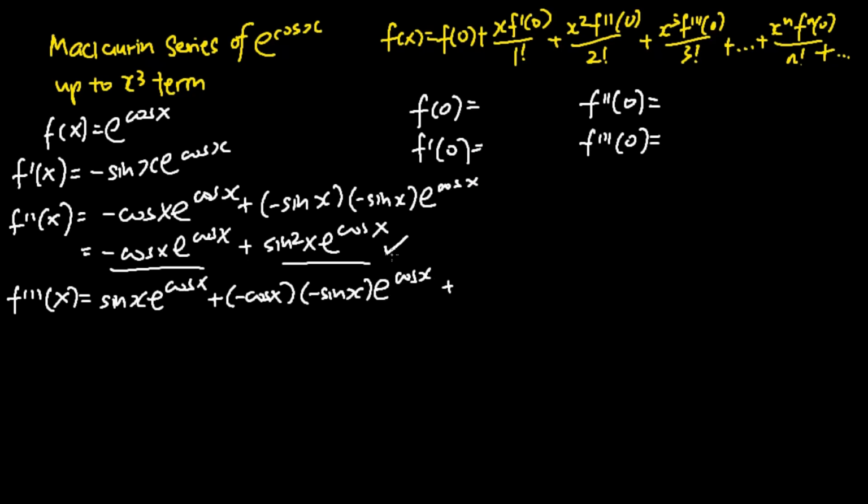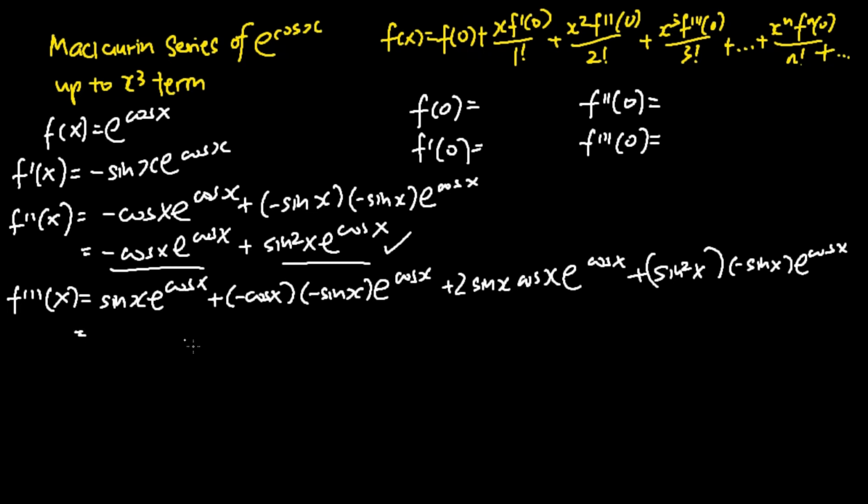Then we evaluate the second term. So we differentiate sine square x, we get 2 sine x cosine x e to the power of cosine x. And then we will keep the sine square x and we differentiate e to the power of cosine x, we get negative sine x e to the power of cosine x.